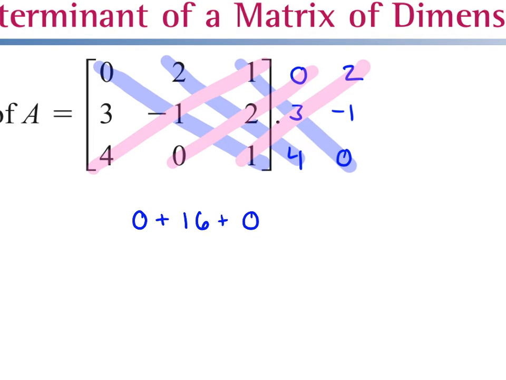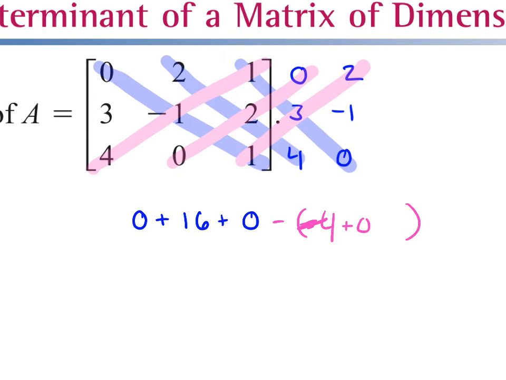Then plus, 1 times 3 times 0? 0. And then minus our minors. So 4 times negative 1 times 1, negative 4. 0 times 2 times 0? 0.